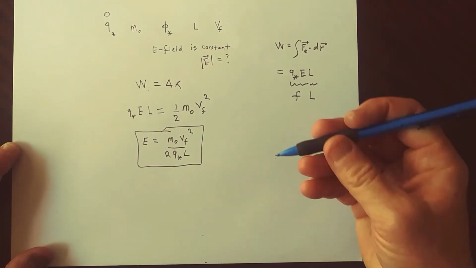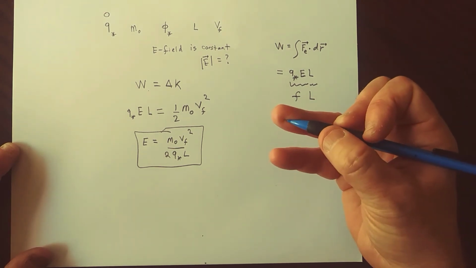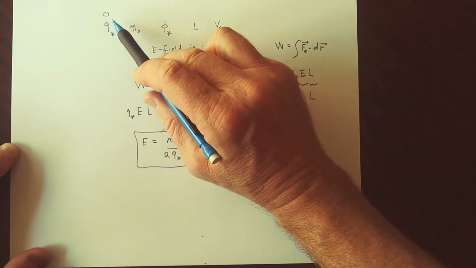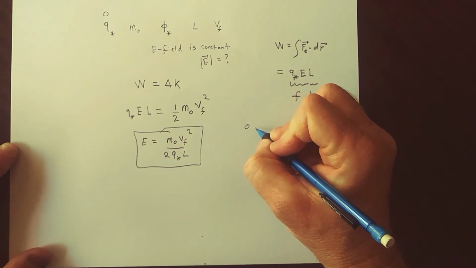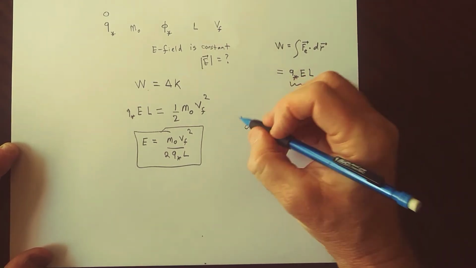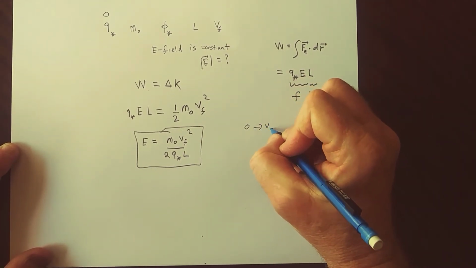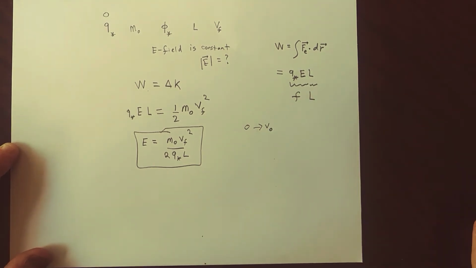Let's say that we have a particle of charge Q star that is already moving with a speed, let's say V naught, starts with the speed V naught, but this time the electric field is opposite.